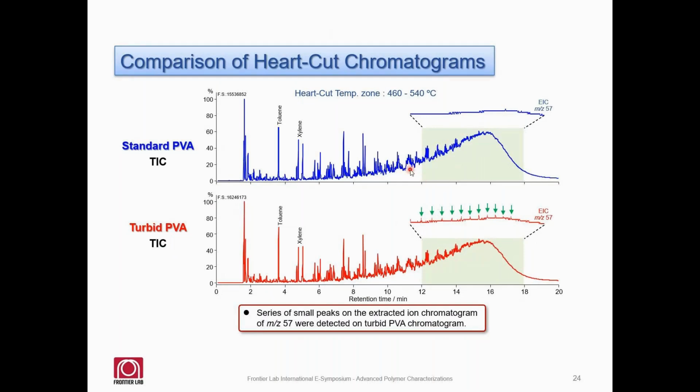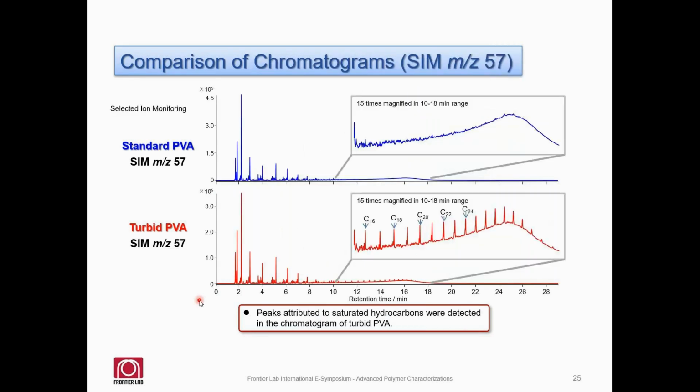You could see here, from here to here, a series of peaks are appearing in the turbid PVA, whereas in the standard PVA there are not many such peaks appearing. To know further, we did a simple selective ion monitoring mode, which we call SIM mode, using the m/z ion of 57.